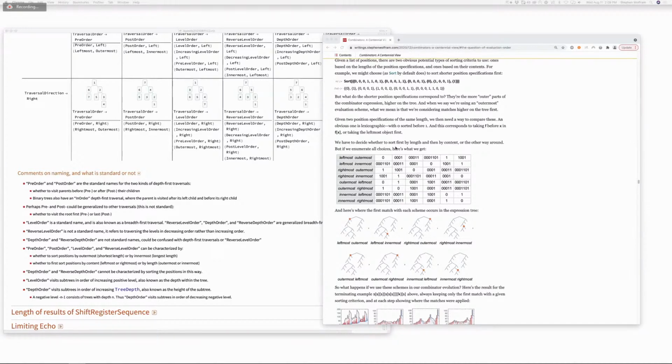It's just the length of the position specification. No, that's the level that the subtree is on. Oh, you mean the depth below the subtree? Exactly. So some of these traversals go in terms of that. Okay, I get it. So that's negative levels, basically. Yes. Exactly. I was about to say it's revenge of the negative levels.